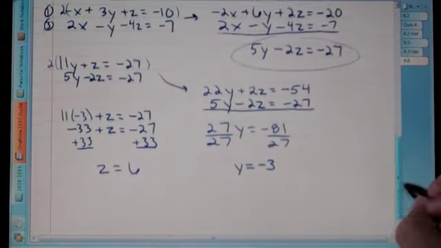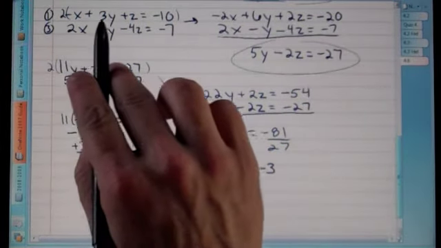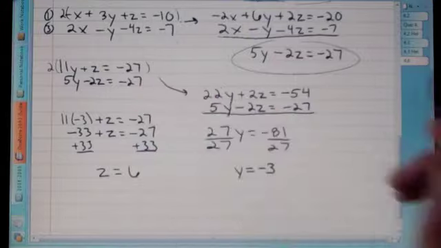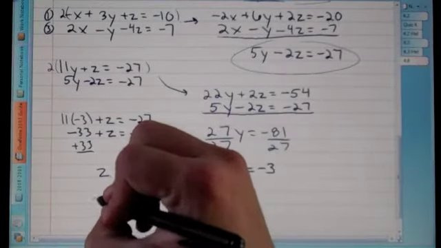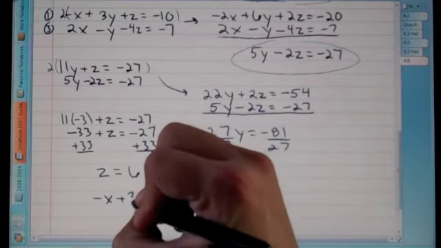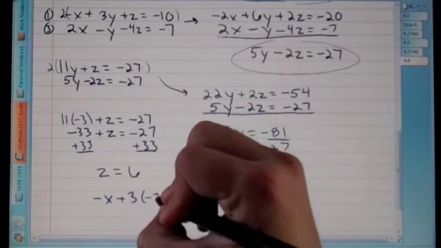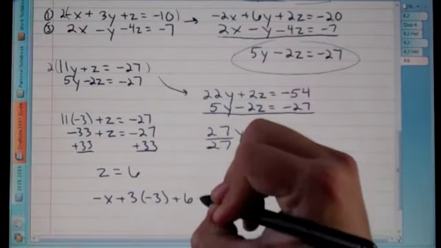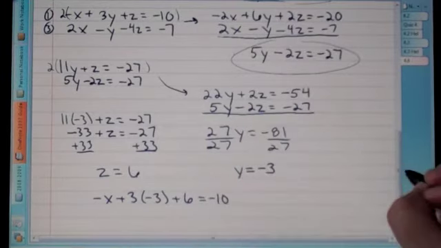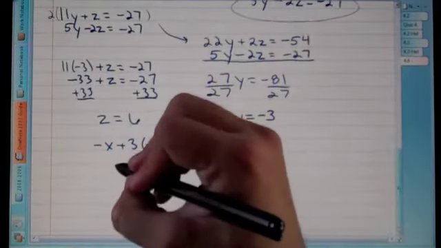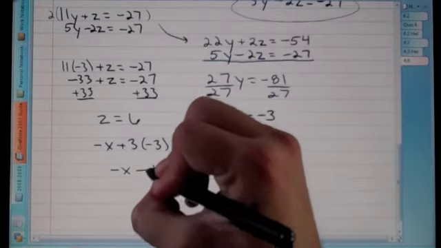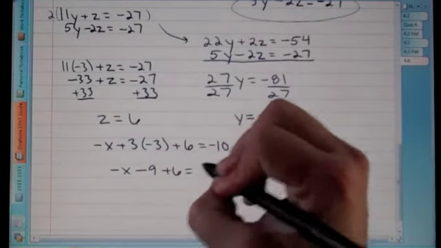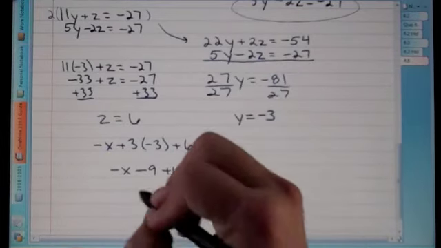So now I'm going to use this top row to plug in y and z so we can solve for x. So we have negative x plus 3y, in this case y again is negative 3, plus z, or 6, equals negative 10. So here, negative x minus 9 plus 6 equals negative 10.